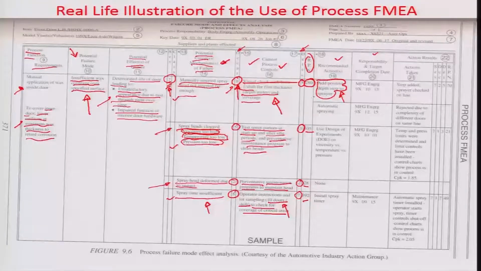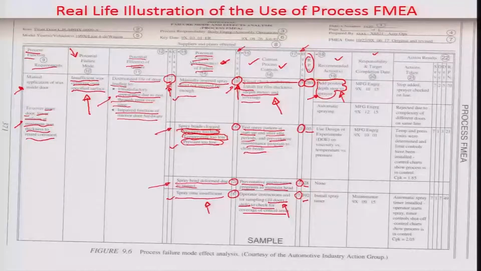So in this particular case, adding a positive depth stop means that if the manually inserted spray head is not inserted to a certain level, the line will not even work and the line will stop. So it has to ensure that that particular lever gets hit and deflected, so that the PLC can signal the line to start again. Okay. So this is a foolproofing which has now, as you can see, led to a situation where the occurrences of this particular event have been reduced to almost 20% of the times.